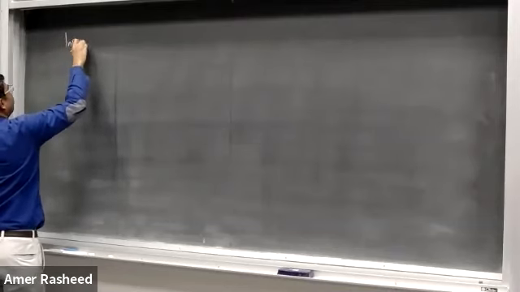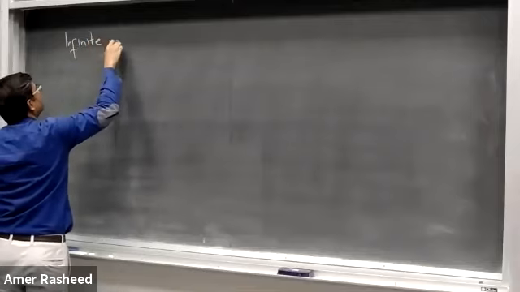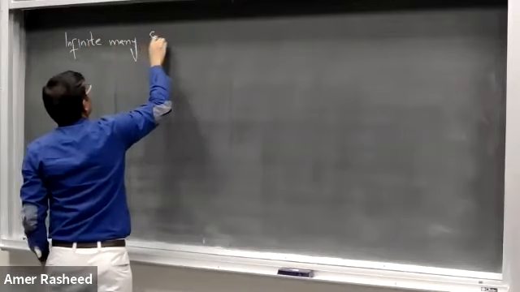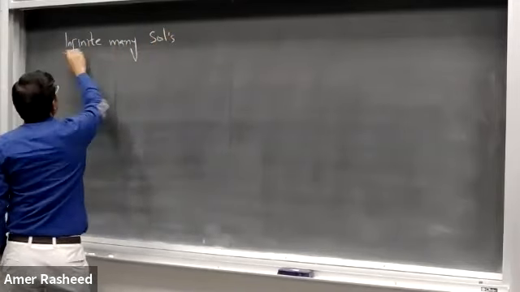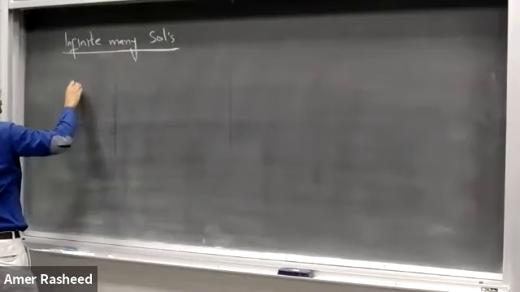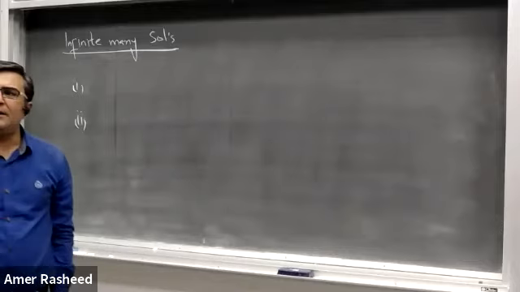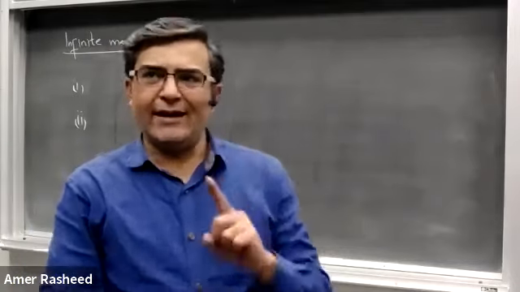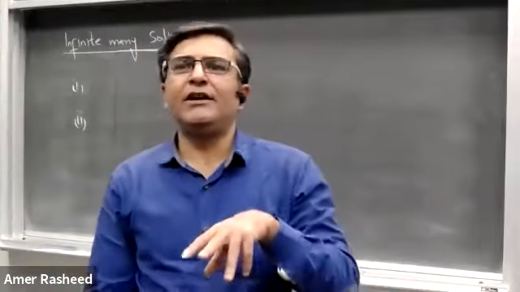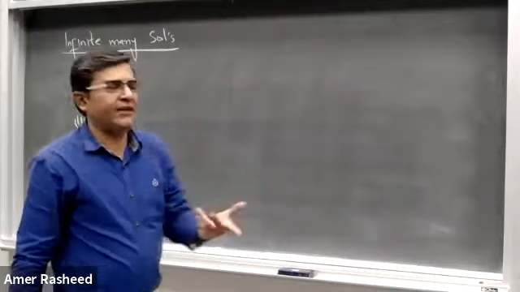You can write it over here: infinitely many solutions. This is the second case. In infinitely many solutions, there are two possibilities. What is the first possibility? If the matrix is square. And the second possibility is if the matrix is not square.